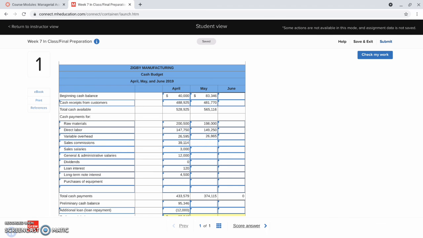Sales commissions 37,206. Sales salaries 3,000. General and admin 12,000. Dividends this month of 10,000. Long-term note interest of 4,500. Preliminary cash balance 24,295.